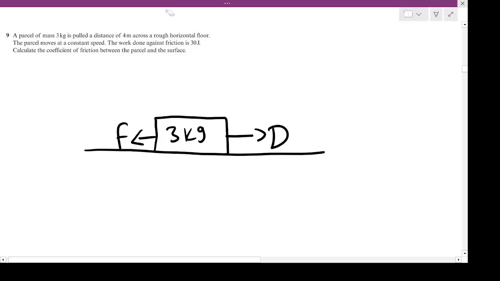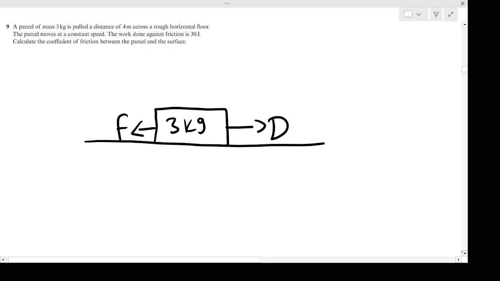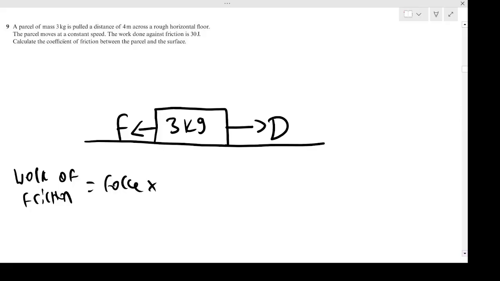I'm not told it, but what I am told is the work done against friction, in other words the work of the friction force. The work of friction, well, that's force times distance, that's the work formula.